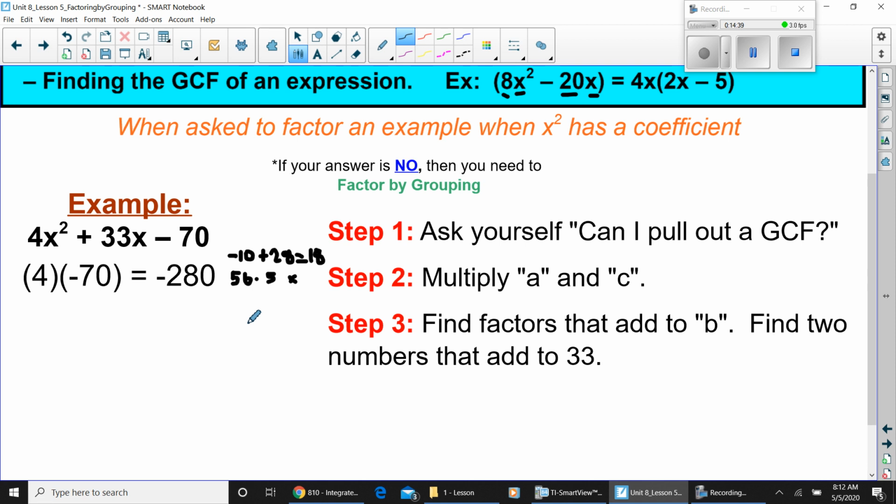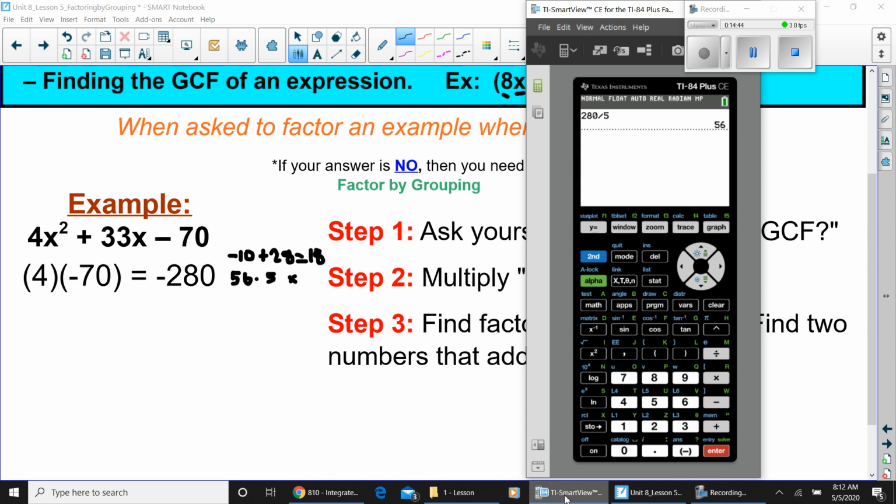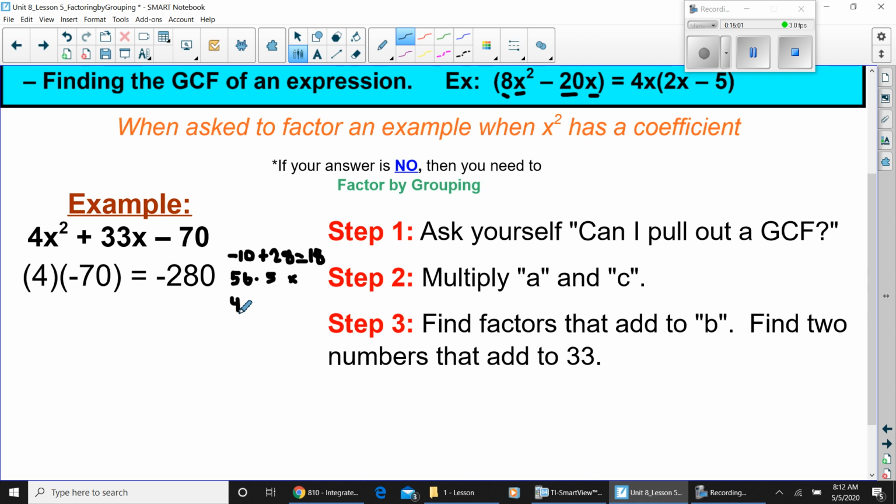So 280, you're figuring now, let's try 280 divided by 40. All right, so, oh, okay, so 40 times 7 equals 280, and then you could get a positive 33 by doing 40 minus 7.